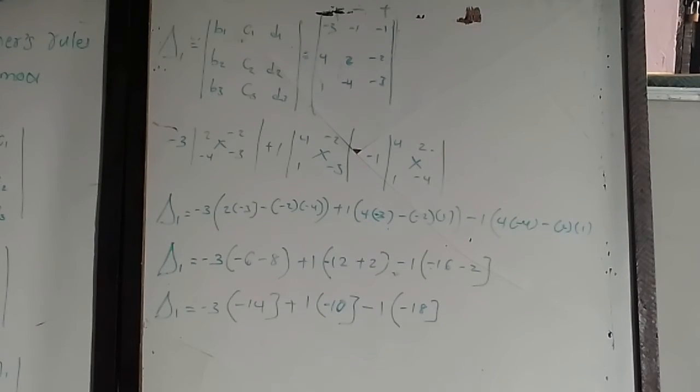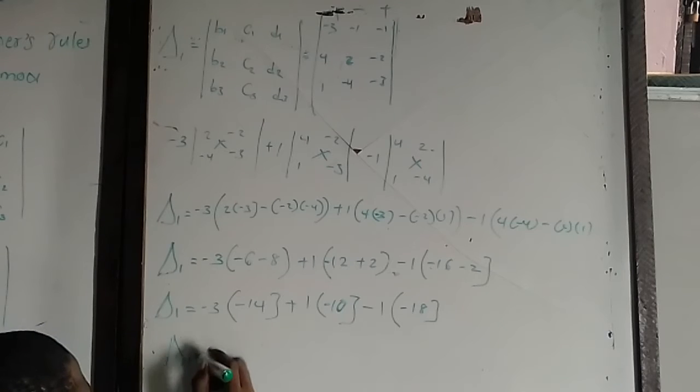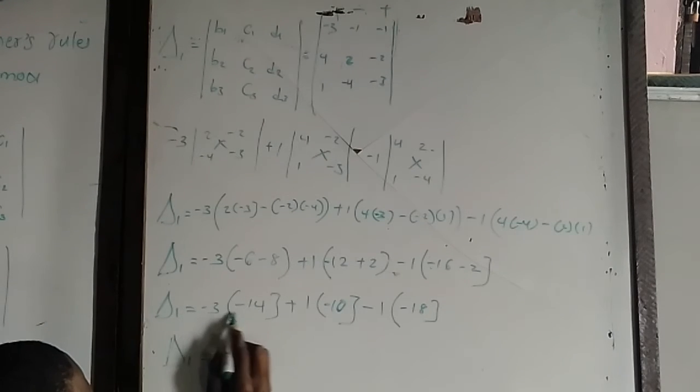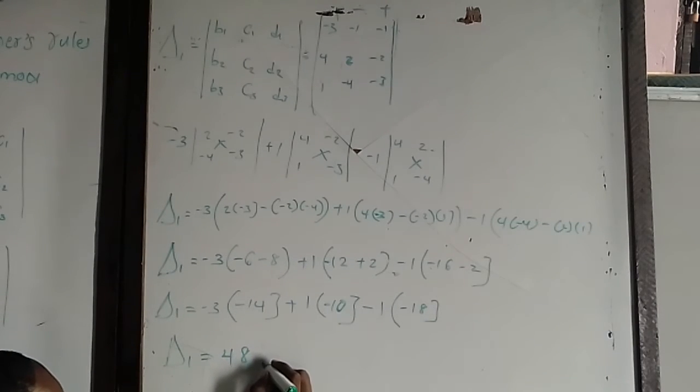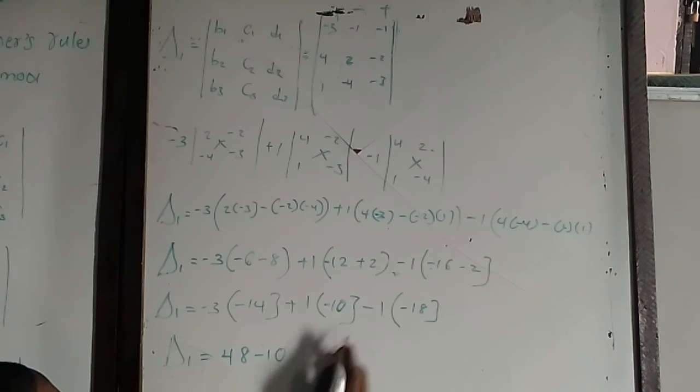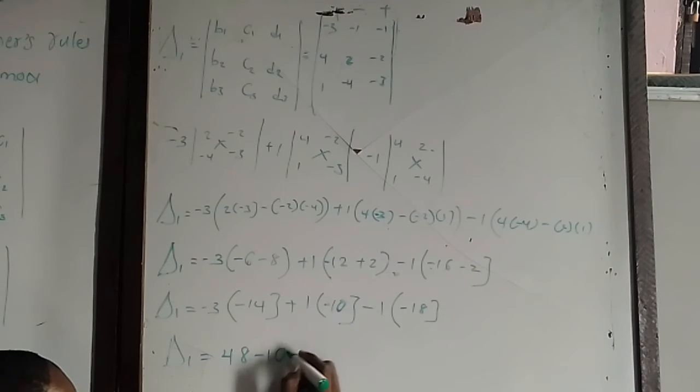Okay, let's continue. Let's say our D1 is equal to minus 3 times minus 14, then minus 10, then minus 1 times minus 18 will give us plus 18.